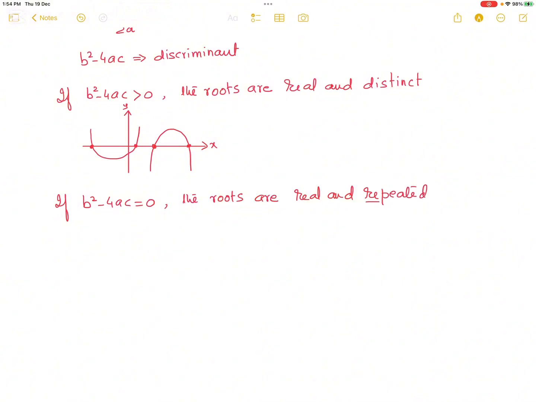The meaning of repeated is that the x-axis becomes tangent to the quadratic curve.